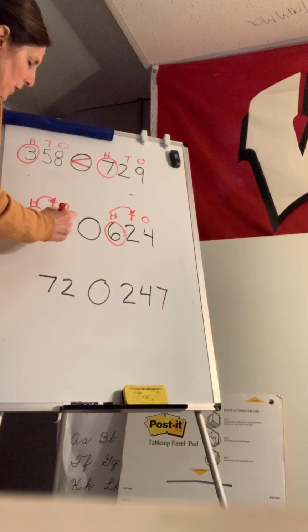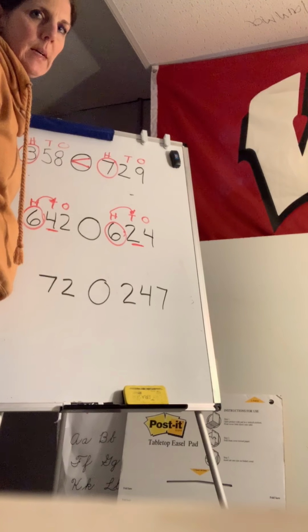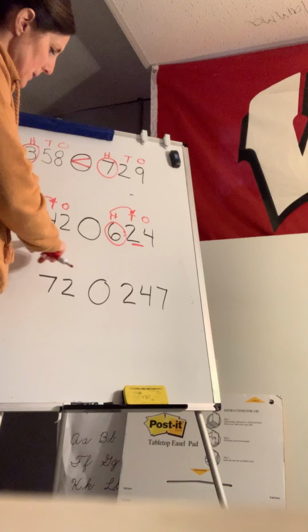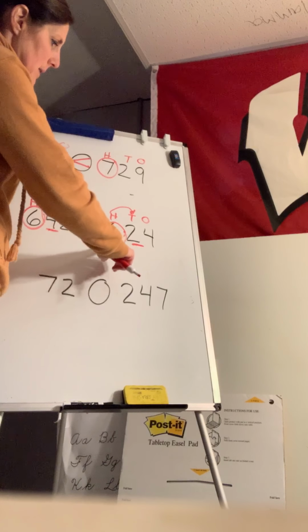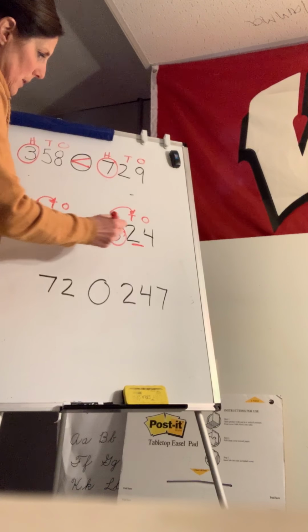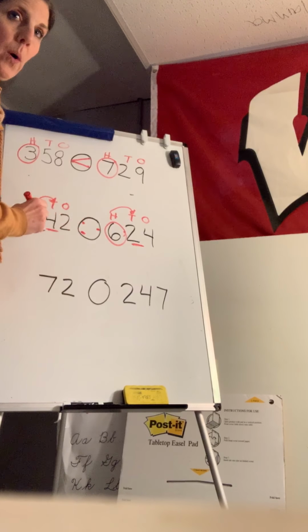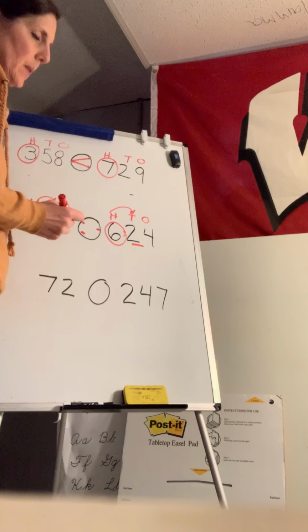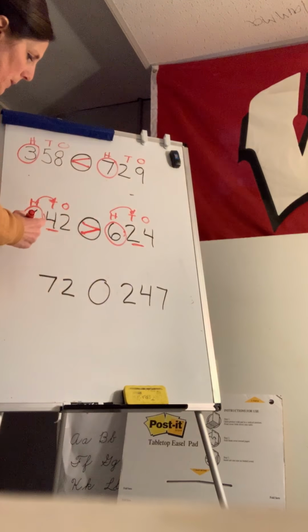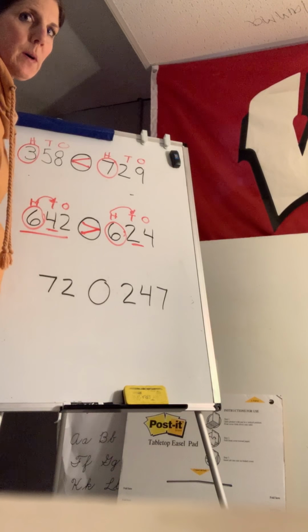And we have a 4 and a 2. We have 4 tens and 2 tens. 4 tens, which is 40. So we have 640 and 620. We know that 4 tens is more than 2 tens. So we put our 2 dots by the number that is more, 1 dot by the number that is less. Connect it. We have 642 is greater than 624.